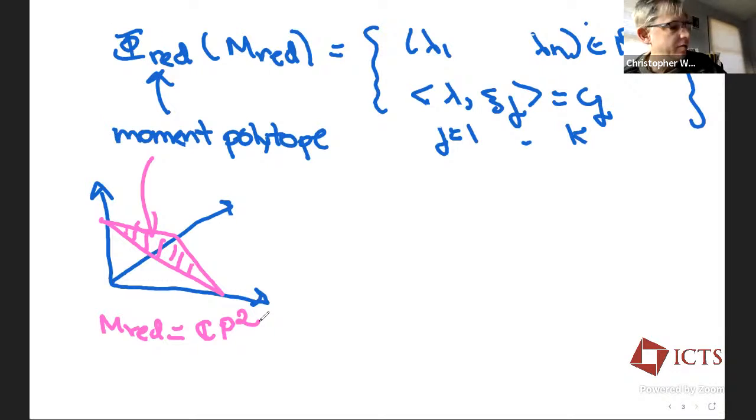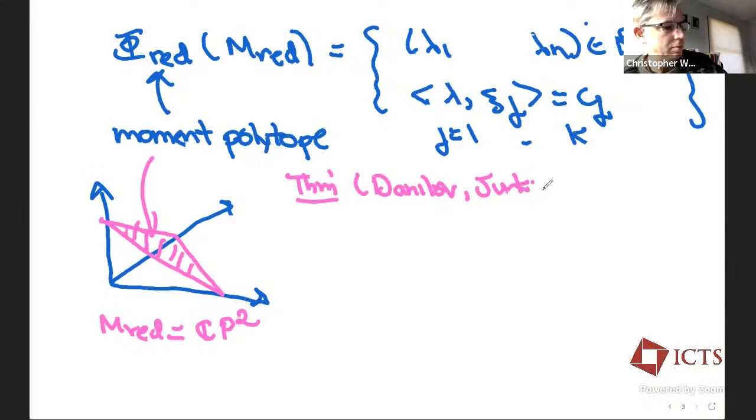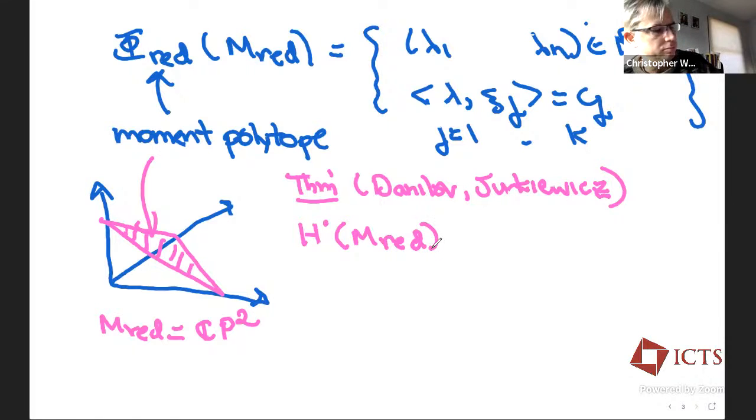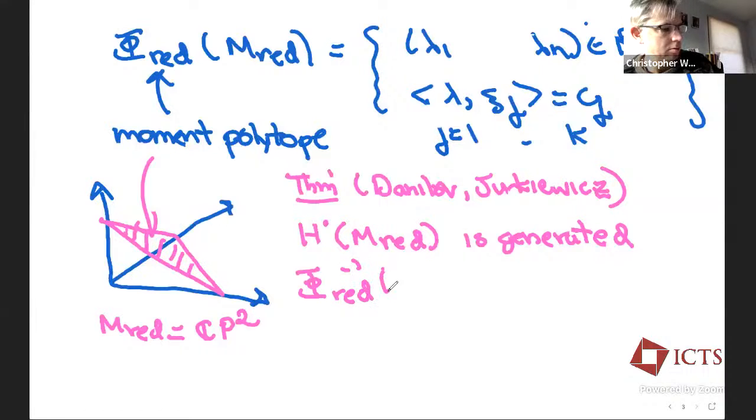Okay, and then we stated the theorem, which is due to Danilov and Jurkiewicz, that if I look at the cohomology of M_red, then this is generated by the inverse images of the facets with two kinds of relations.